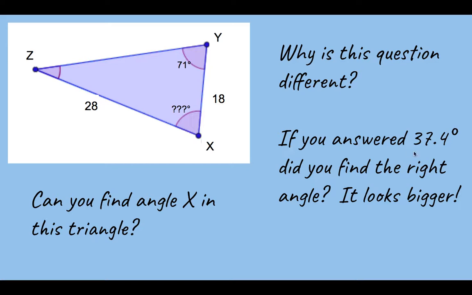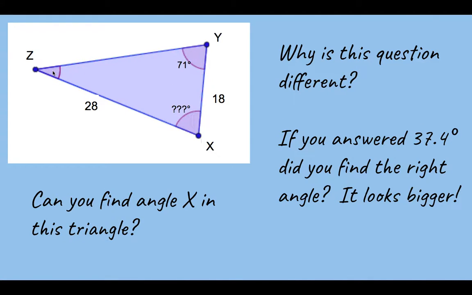Now, if you answered 37.4, did you find the right angle? Because this looks a lot bigger than 37.4, but I would think that some of you probably got 37.4. And maybe you've got an extra step that you need to do, because if you got this answer, did you find the right angle?